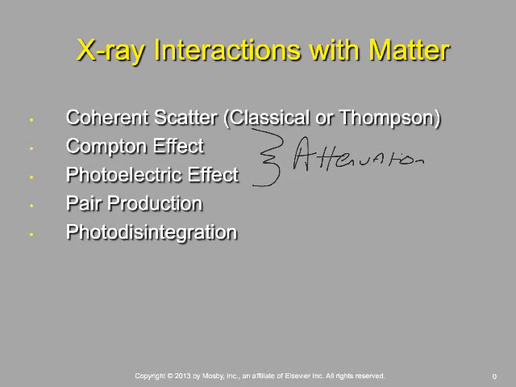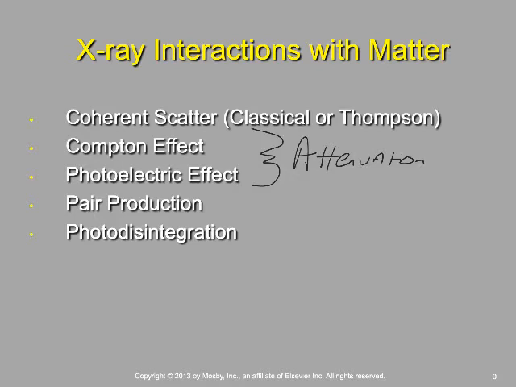It's an X-ray interaction with matter in which it can basically split a nucleus in half, resulting in the creation of an electron and a positron, which then typically mutually annihilate each other. It's a very high energy interaction.